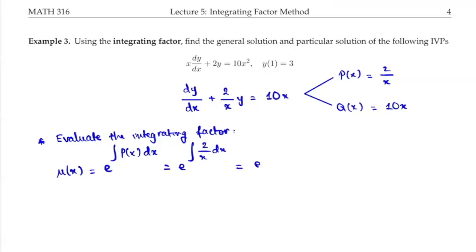Right? So you have e to the power 2 times ln of absolute value of x. Then you use a logarithm property to bring the 2 to the power. So you have e to the ln of absolute value of x squared, or e to the ln of x squared, or just x squared for that matter, because e and ln cancel out.